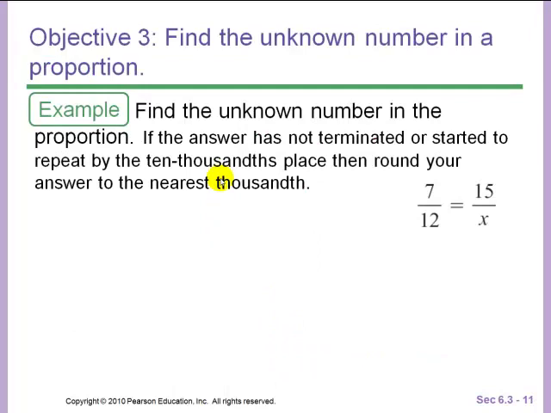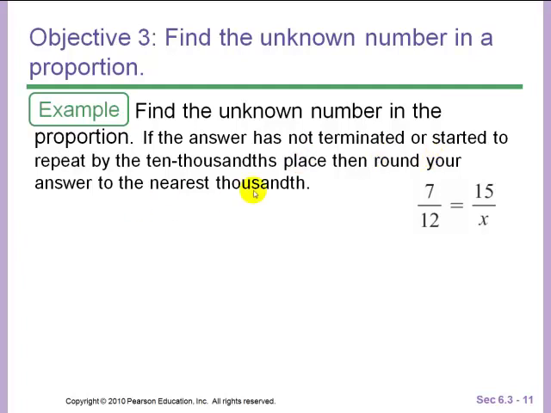Another example. Find the unknown number in this proportion. 7 is to 12 as 15 is to x. A quick note. If the answer you have is not terminating when you do your long division, or repeating itself by the time you get to the 10,000th place, then just round your answer to the nearest thousandth.